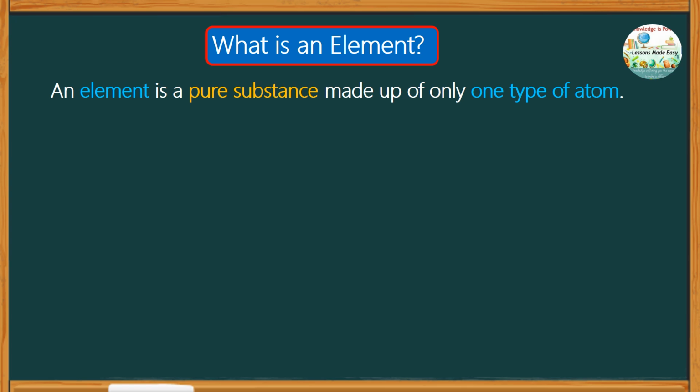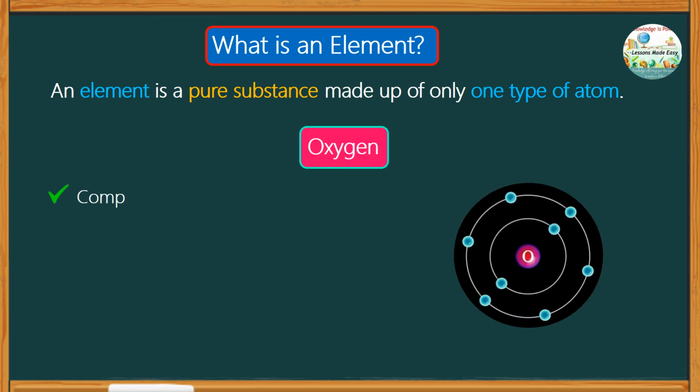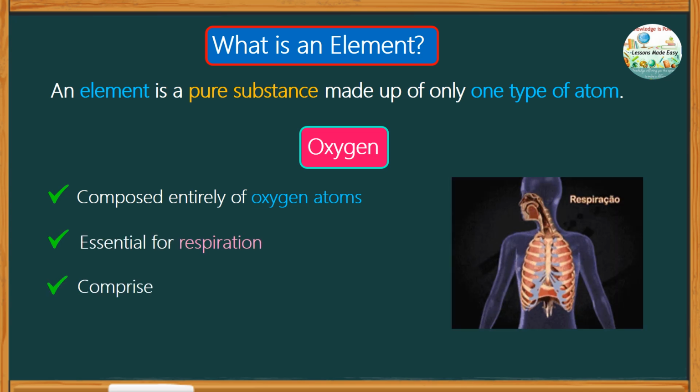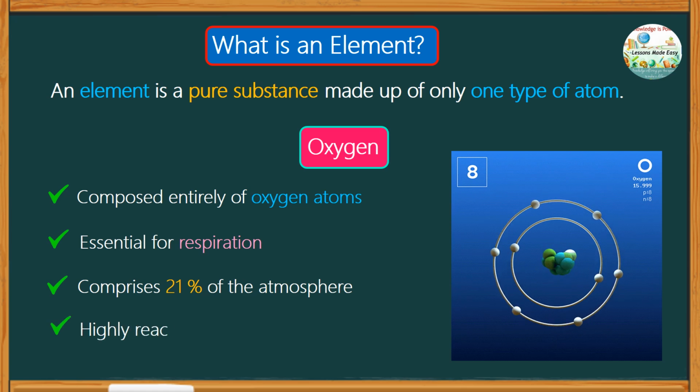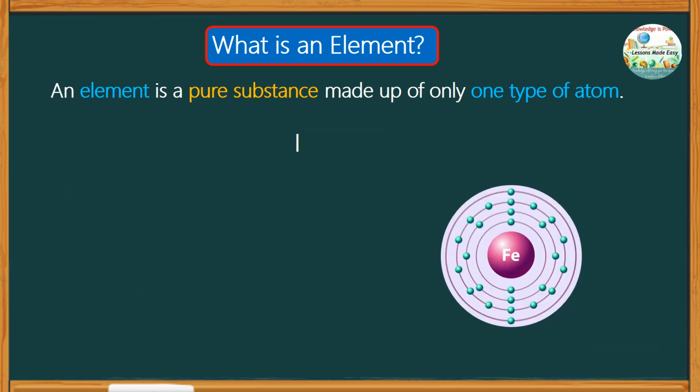For example, the element oxygen is composed entirely of oxygen atoms, which are essential for respiration and comprise 21% of the atmosphere. And it is highly reactive. The element iron is made up of only iron atoms.